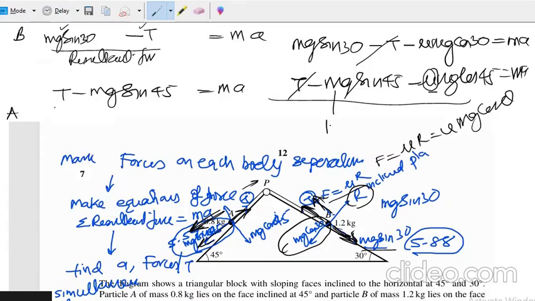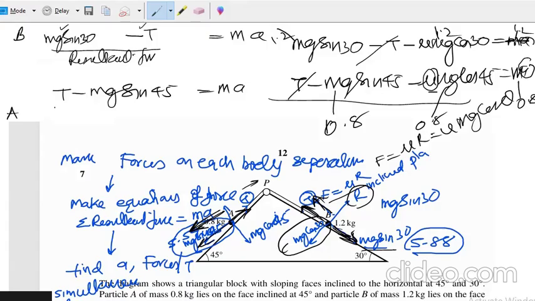The masses are 0.8 and 1.2. The acceleration here is 0, because this is equilibrium.